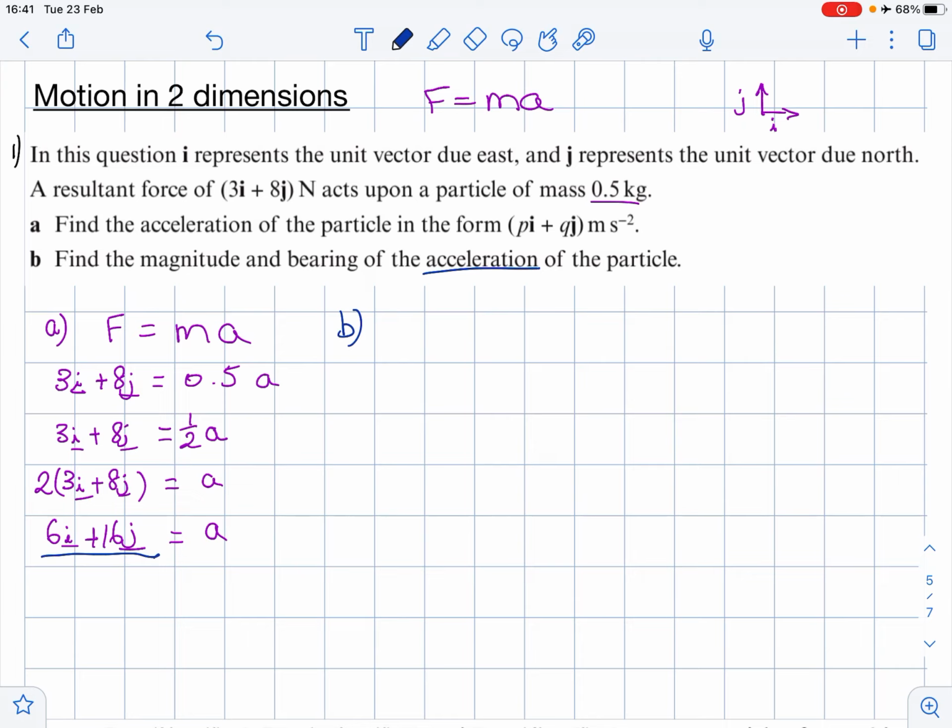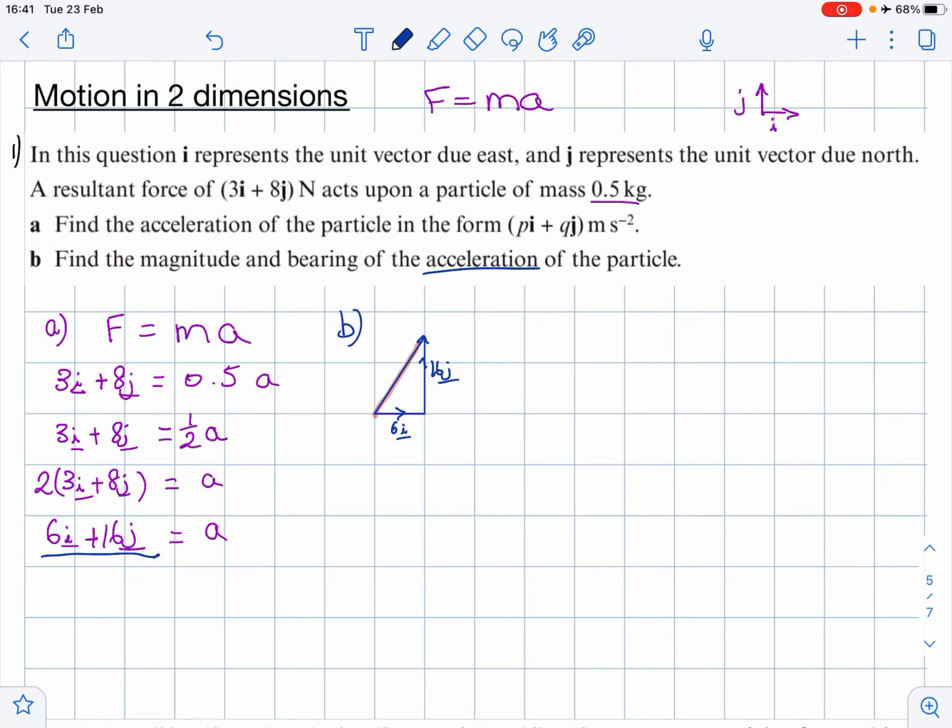We go 6i in this direction, and 16j up. So this is our resultant, and this is the magnitude we want to find.